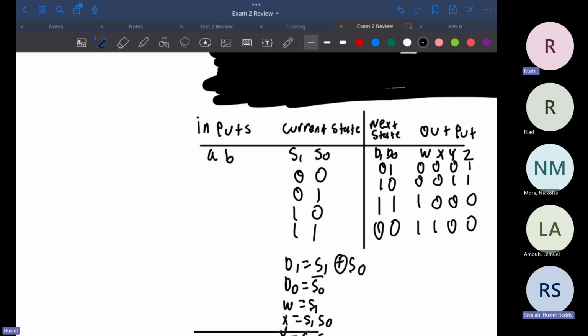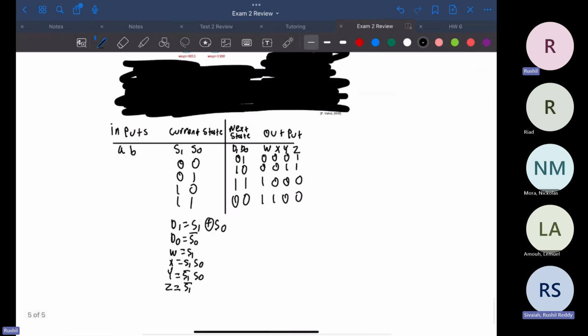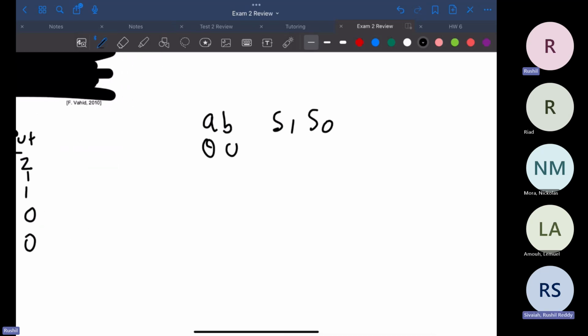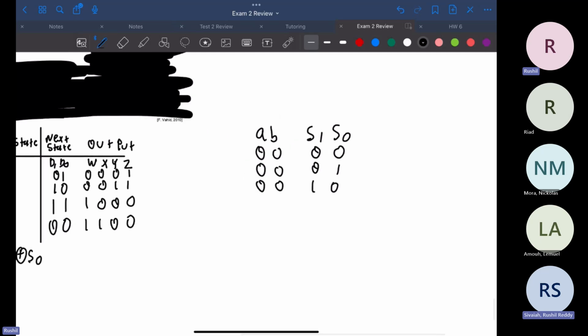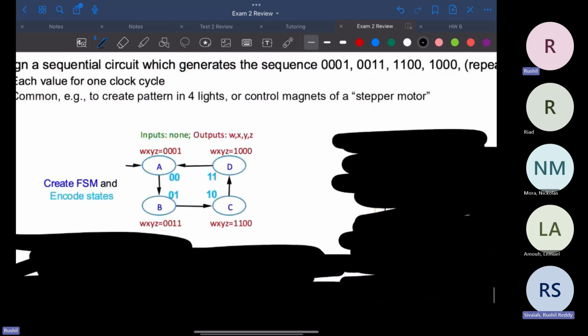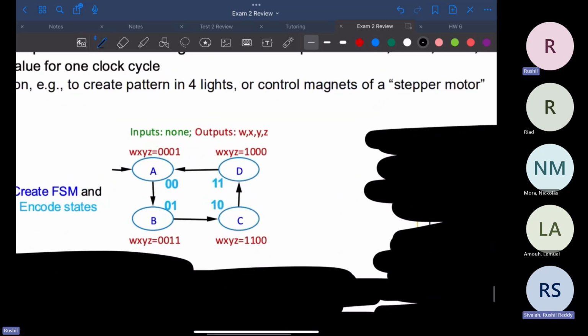So our inputs, let's say, I'm going to do it separately. We're going to have A, B here, S1, S0. So this would require all of them: 0, 0, 0, 1, 0, 0, 1, 0, and so on. But let's change this up. Instead of no inputs, we have A input and B input. But for this one, we leave it as it is.